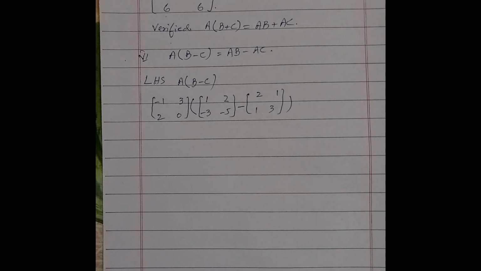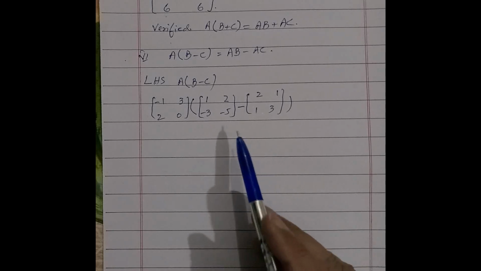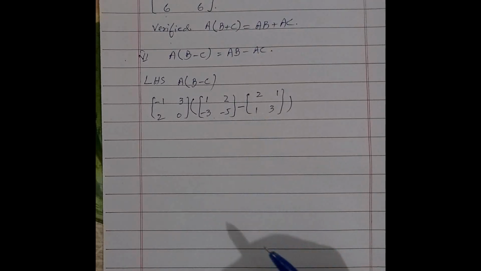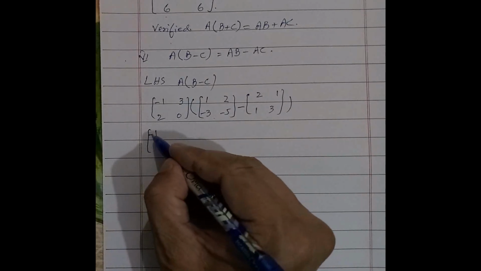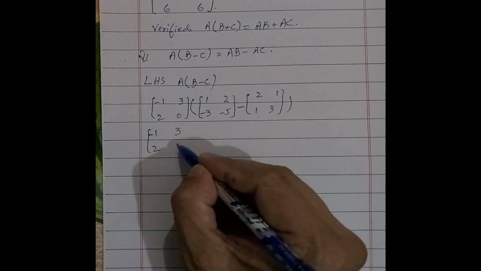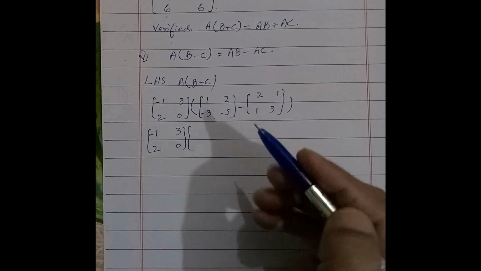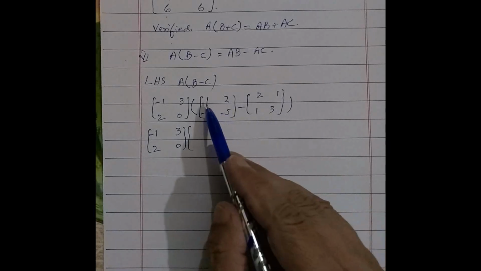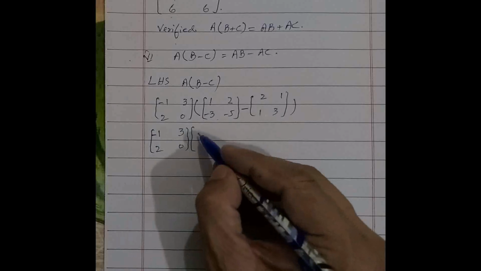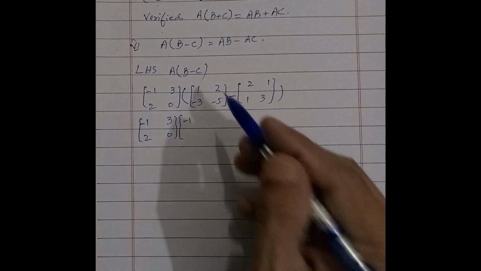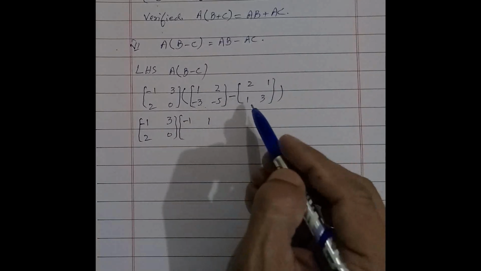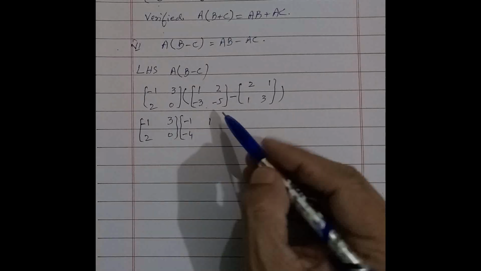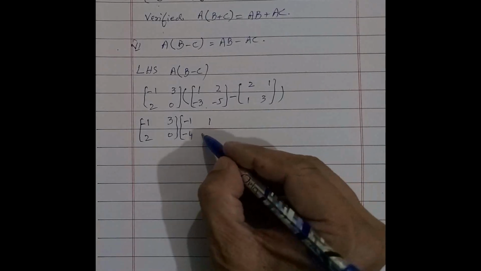And as we know, the values enclosed in the bracket are solved first, so we subtract B minus C and A remains the same, -1 3 2 0, and we subtract these two values, which is 1 minus 2 is equal to -1, 2 minus 1 is equal to 1, -3 minus 1 is equal to -4, -5 minus 3 is equal to -8.